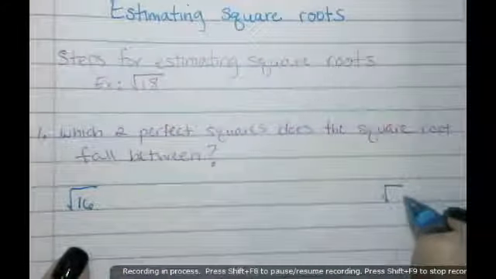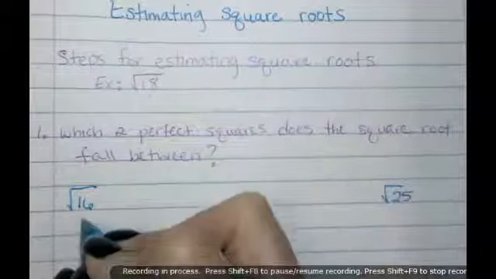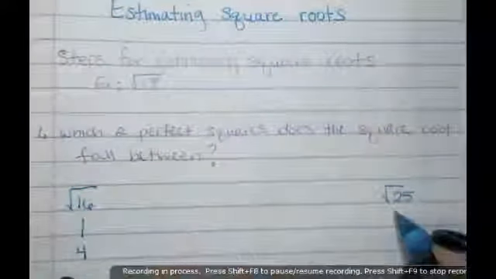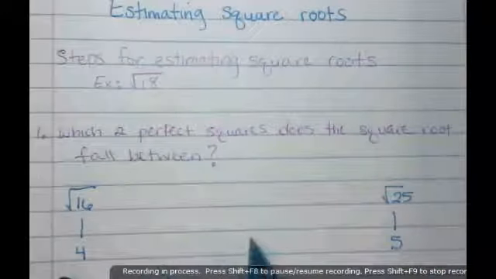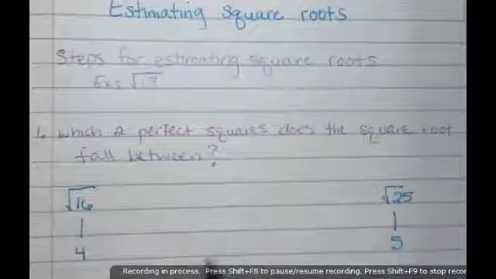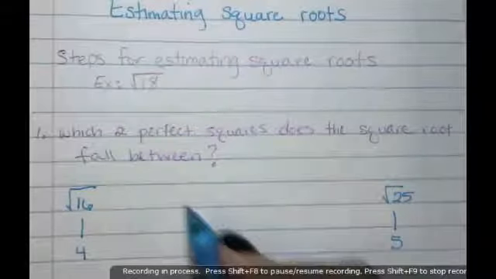All the way over to the square root of 25. Now I said the square root of 16 is 4, and the square root of 25 is 5. So I know that this is going to be 4 point something. It's somewhere in here between 4 and 5.